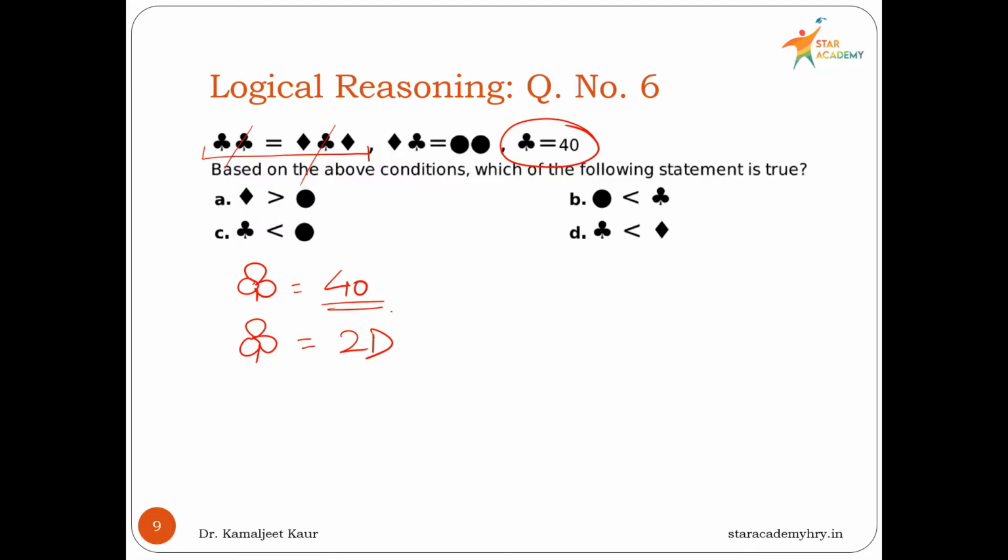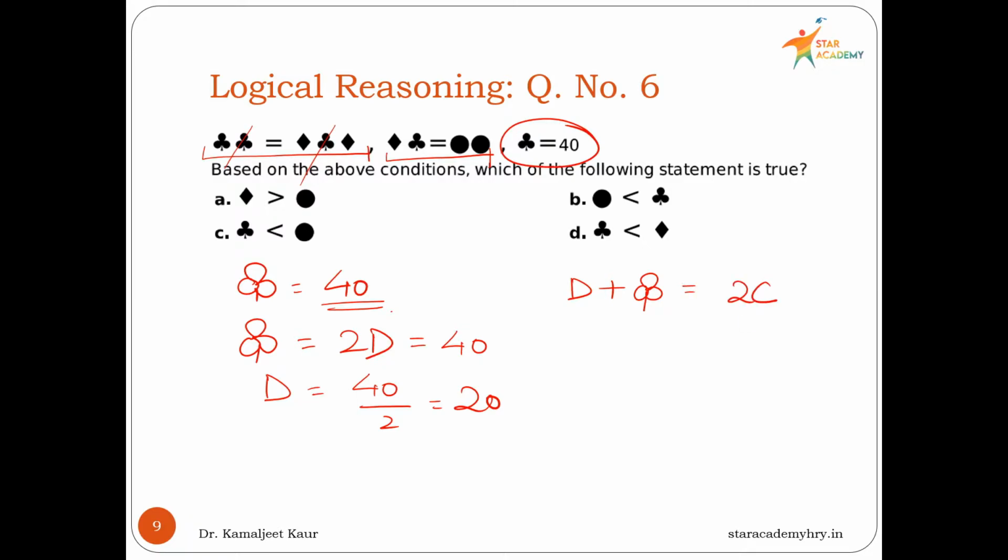So we can write that 2 diamonds is equal to 40. That means the value of 1 diamond is equal to 40 by 2, which is 20. And in this equation, all the 3 have been used. So here diamond plus club is equal to 2 times the circle.